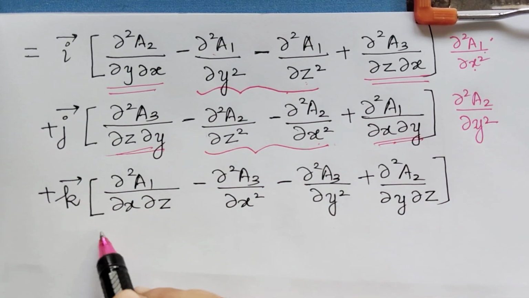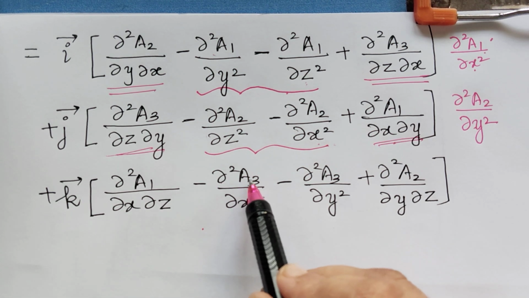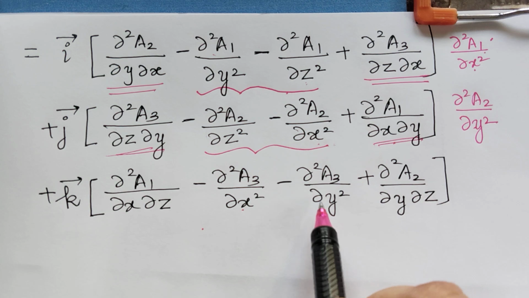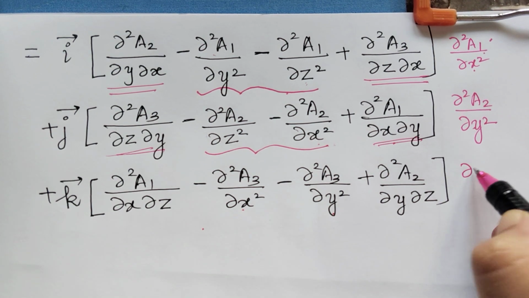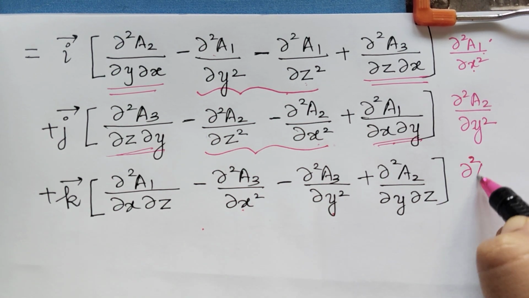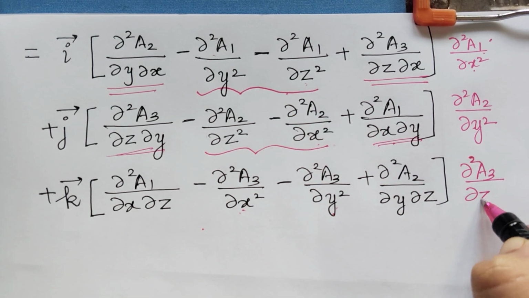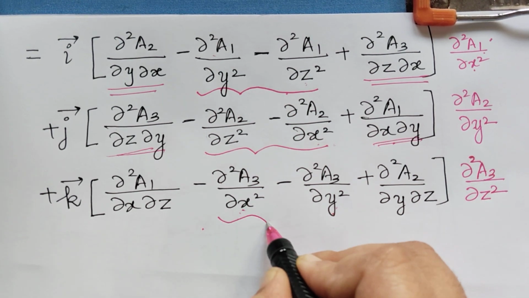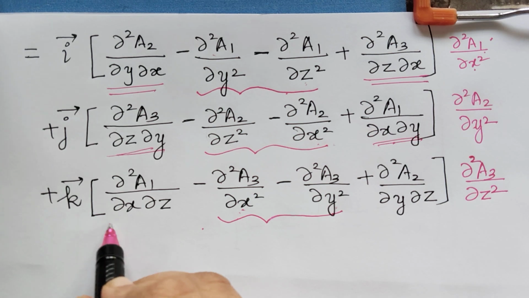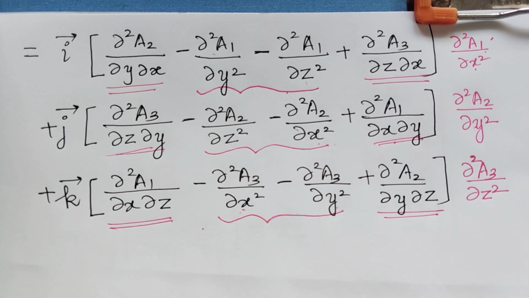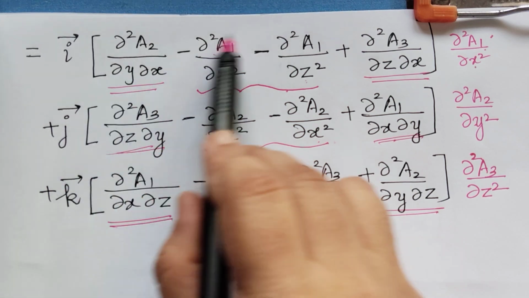If you see in the kth component, here you have dou square a3 by dou x square minus dou square a3 by dou y square. So in that case, you have to add and subtract dou square a3 by what is not there. It is dou z square. So that can be subtracted from these two terms, and it can be added to these two terms and combined and written. For example, first I will show you for the ith component.